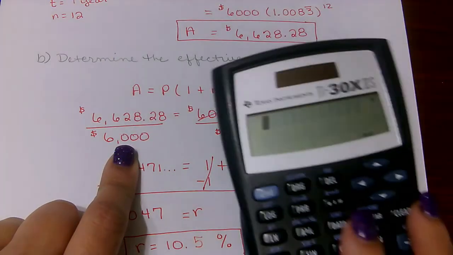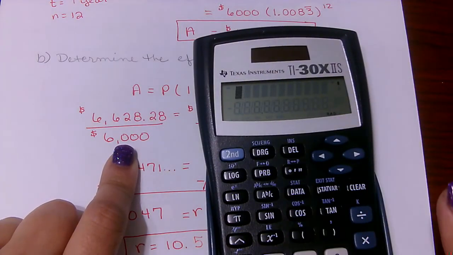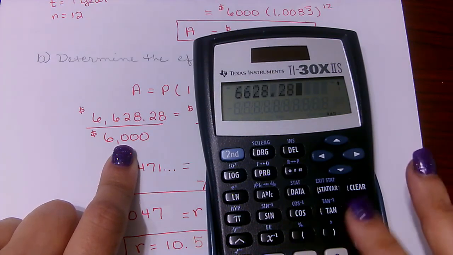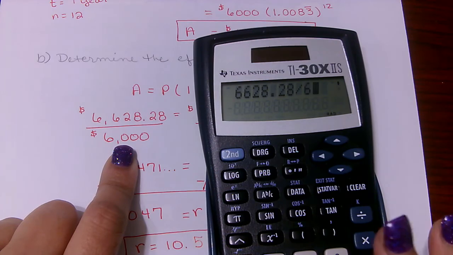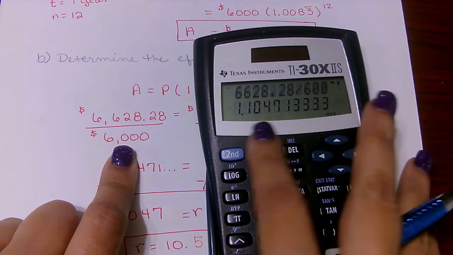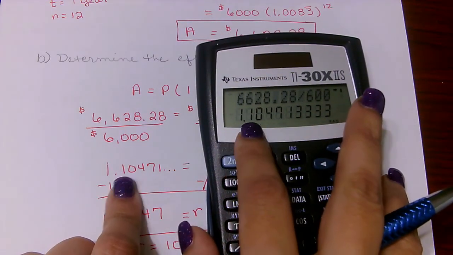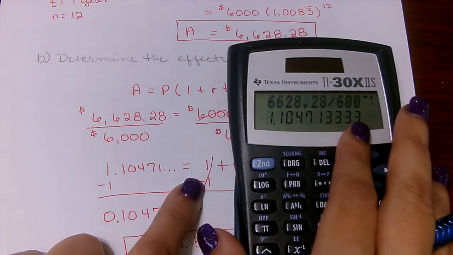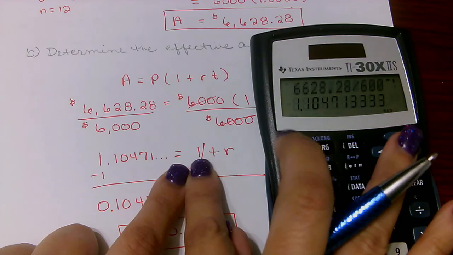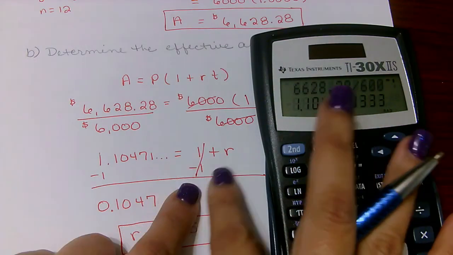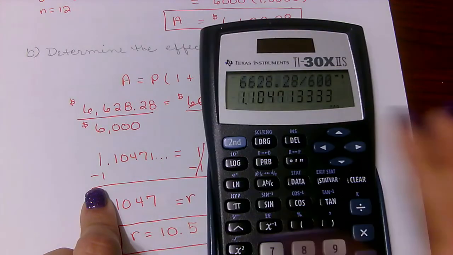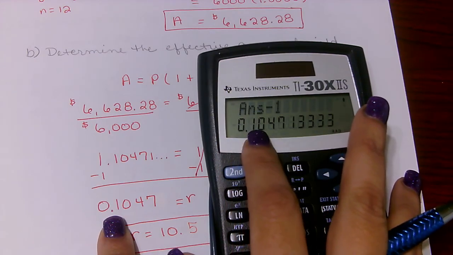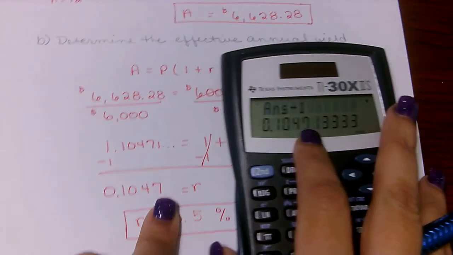Let's go ahead and put this part in the calculator. 6,628.28 divided by 6,000. We get a value of 1.10471... is equal to 1 plus R. Subtract 1 from both sides, and now we have a value of 0.1047.